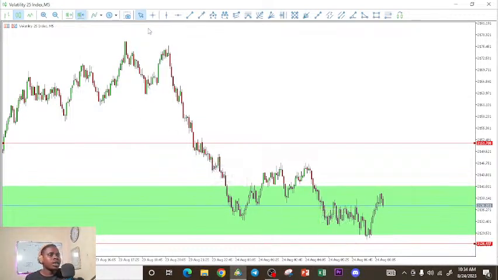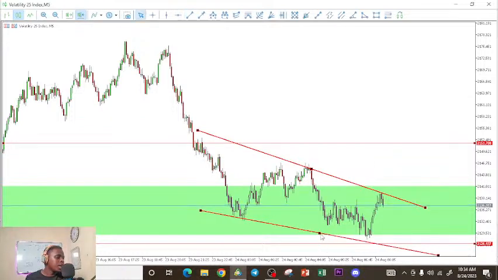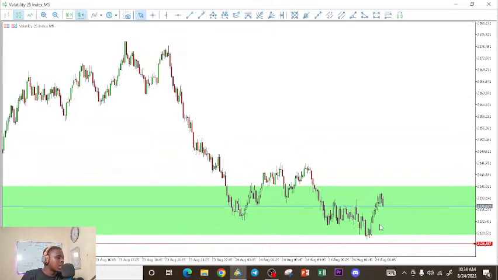So you can see that right now we have the market moving in a channel. It's not going to be perfect, but it's looking like the market is still moving in a channel. And if this is an upper trend line, we might get the market dropping to the downside.